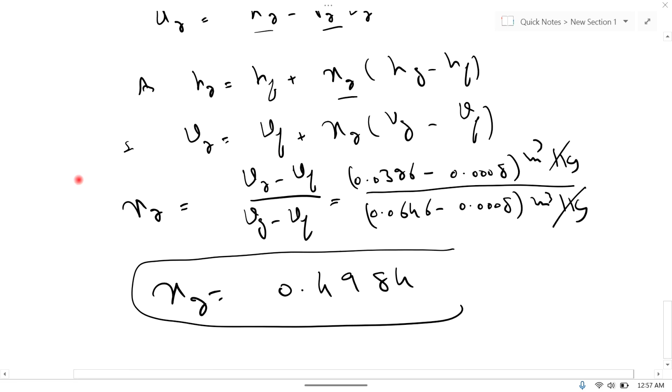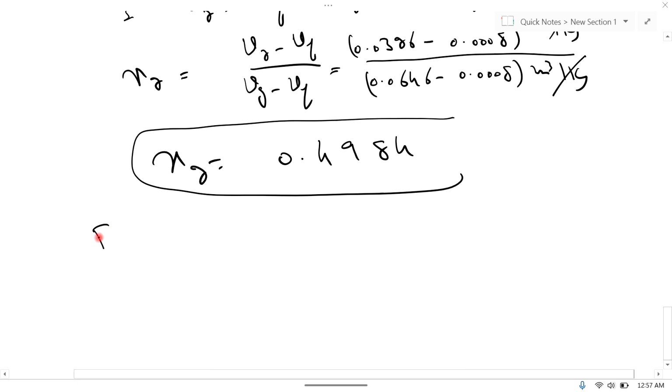Now we can find H2 with the help of the formula H2 is equal to Hf plus X2 into Hg minus Hf. First we find Hf and Hg from the saturated table of R410A at temperature equal to minus 20 degrees centigrade.